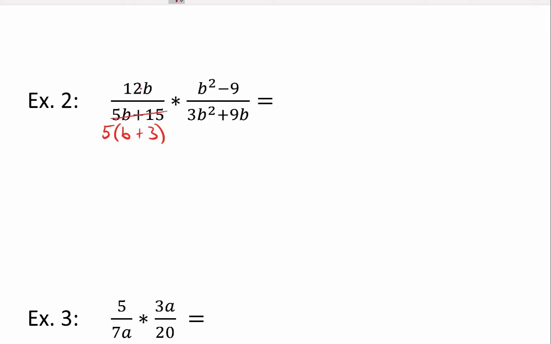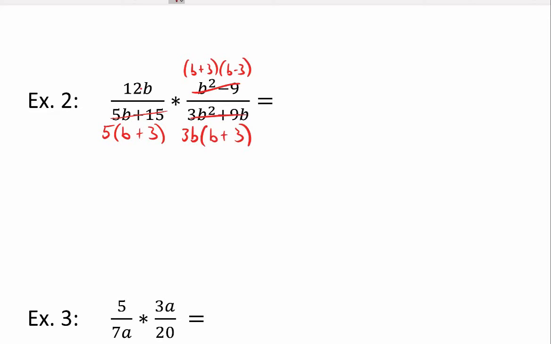I'll move on to the top right. Top right, hopefully we see quickly, is a difference of squares. So it'd be b plus 3 times b minus 3. And in the bottom right, we have a common factor of 3b in each term. So we'd have 3b, and that would leave b plus 3 as the remaining factor.